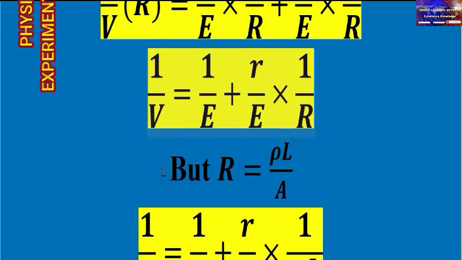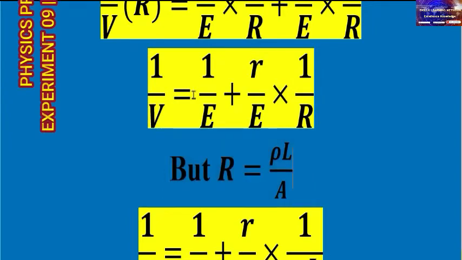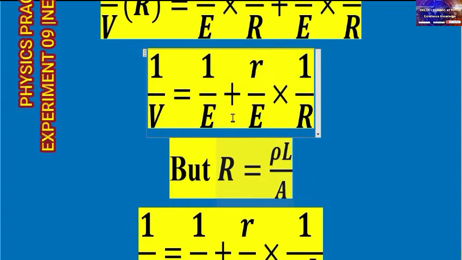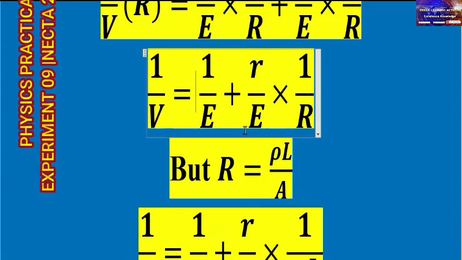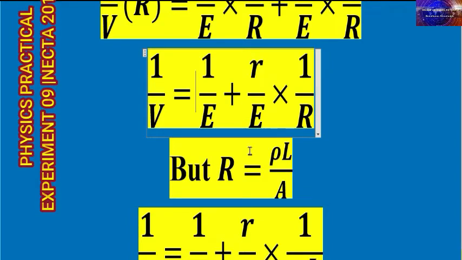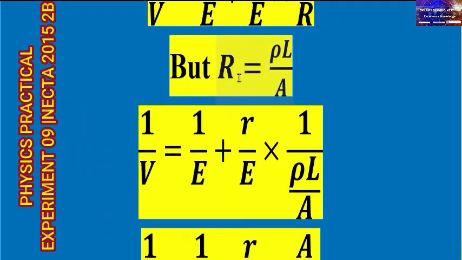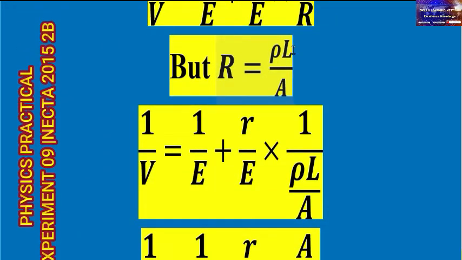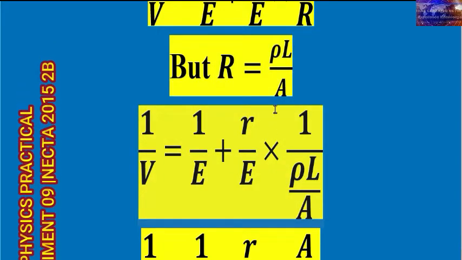But R, in order to get the length, 1 over L, we have to apply the resistivity concept. So resistance is equal to resistivity times length over the cross-sectional area of the wire.